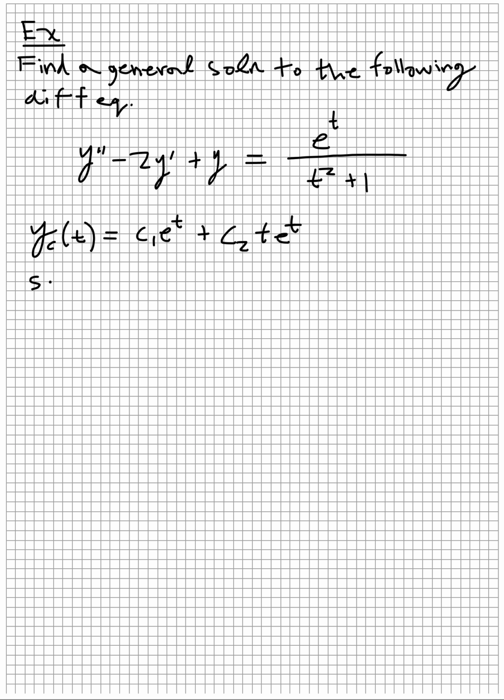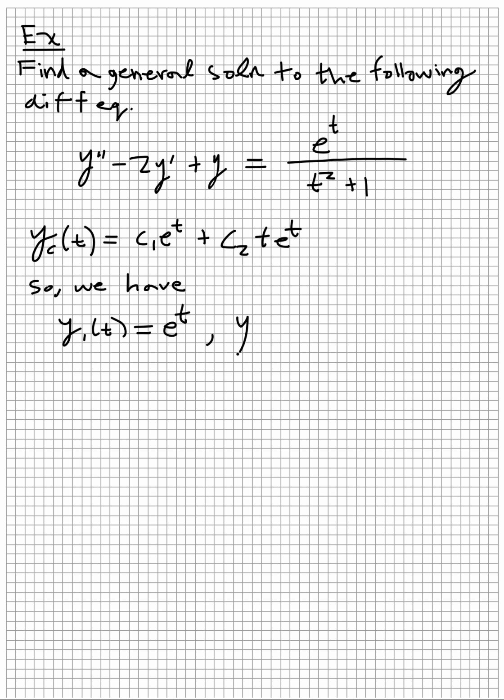So we have y1 of t, which is going to equal e to the t, and y2 of t, which is going to equal t e to the t.